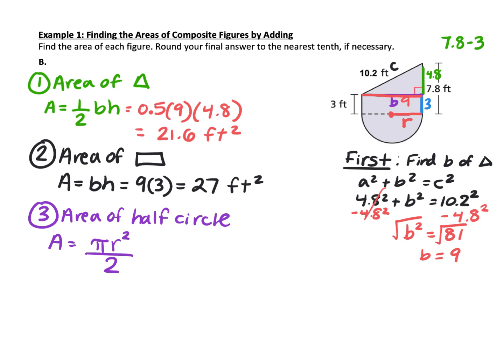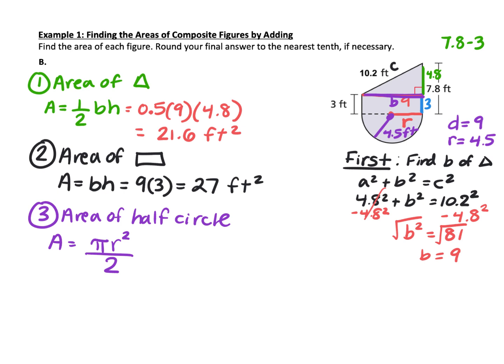Also note that the radius, I don't have it yet, but I can find the radius because the diameter of the circle is 9. See how the diameter just matches up with this? And if the diameter is 9, the radius is just half that. 9 divided by 2 is 4.5. So we would have a radius of 4.5 feet.